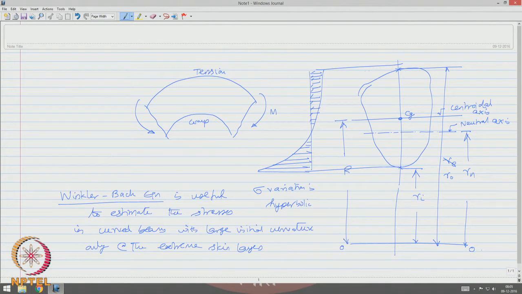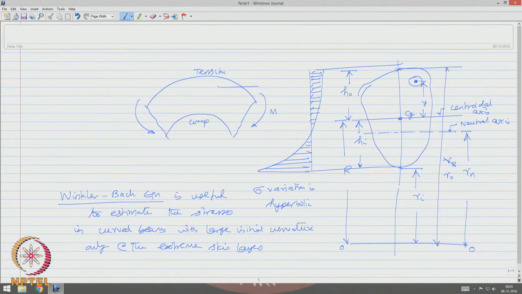From the CG, the extreme fiber distances are HO and HI. You can take any point, maybe here, which is at a distance of y from the centroidal axis.